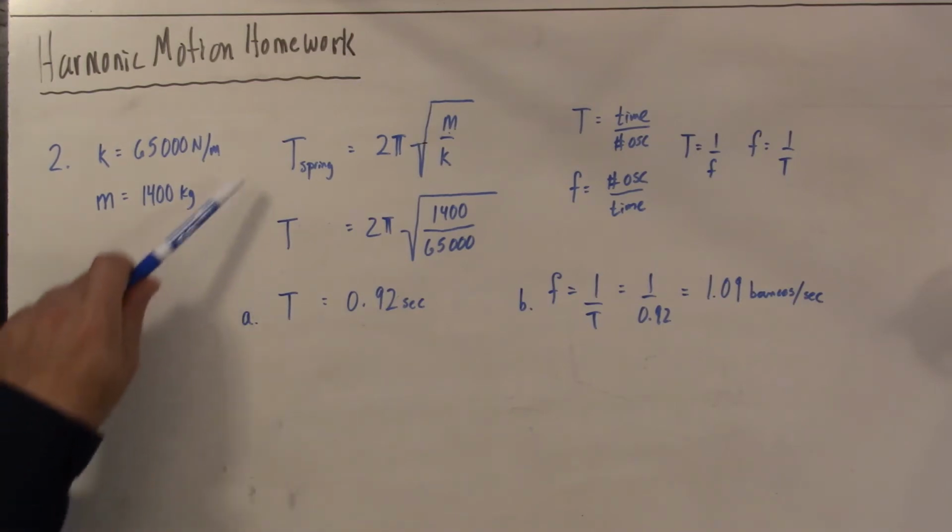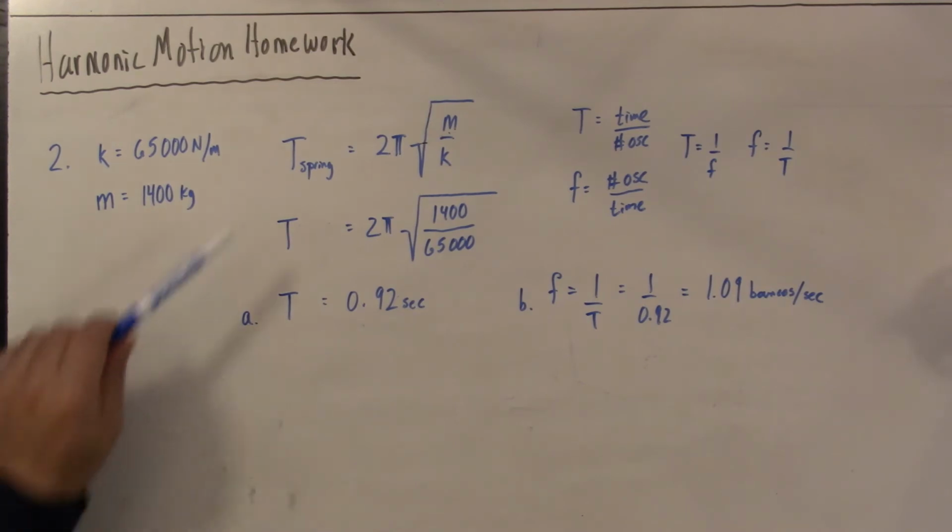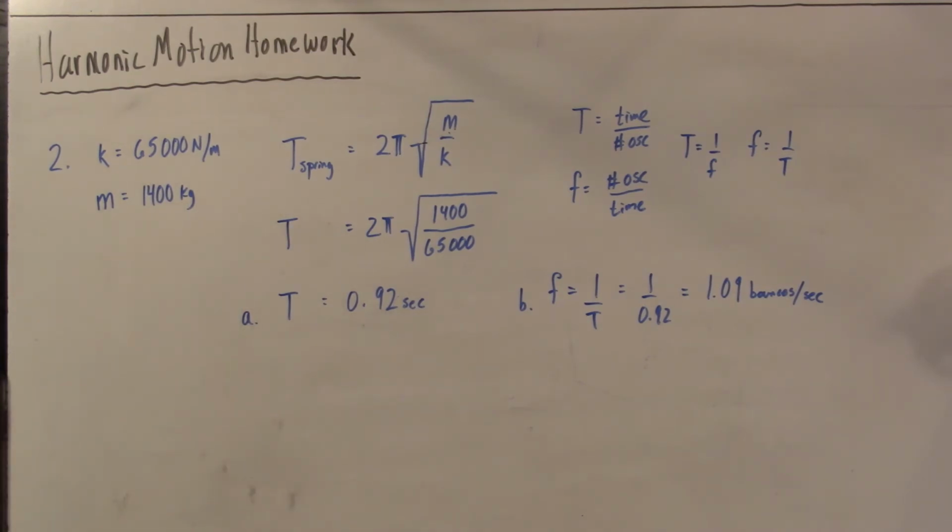So once we develop this law in the lab, a lot of this now is just taking the law and plugging and chugging it. All right, let's reset to number 3.